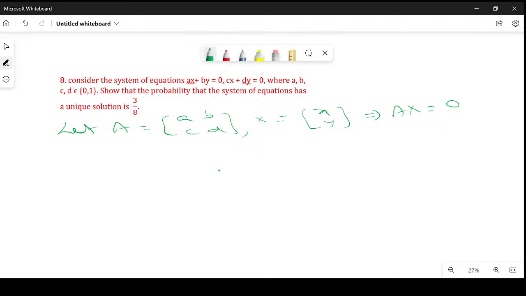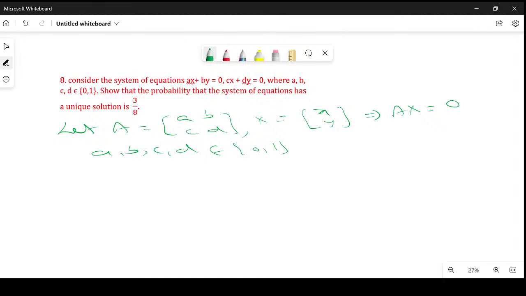We know that the values of A, B, C, D belong only to {0, 1}. That means A can be either 0 or 1, B can be 0 or 1, C can be 0 or 1, D can be 0 or 1.